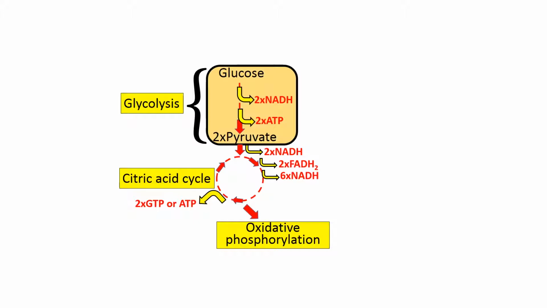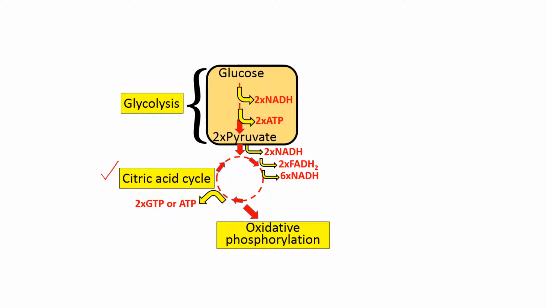After glycolysis, the breakdown of pyruvate under aerobic conditions, that means under conditions of having oxygen available, what happens is a series of reactions called the citric acid cycle. This citric acid cycle, also called the Krebs cycle or the tricarboxylic acid cycle, and I'll explain why those alternative names occur in my lecture covering the citric acid cycle.